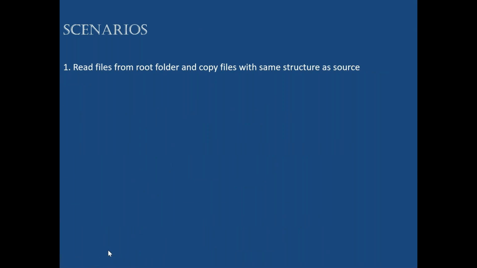Now, read files from the root folder, copy files with the same structure as the source. For example, if you see, I have a Cloud Pandit input. There are two files. There is a subfolder and one file is there. So same structure as the source means, how it is copied, team? What it is doing?